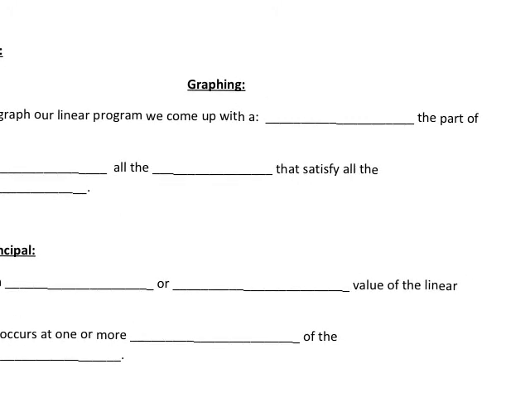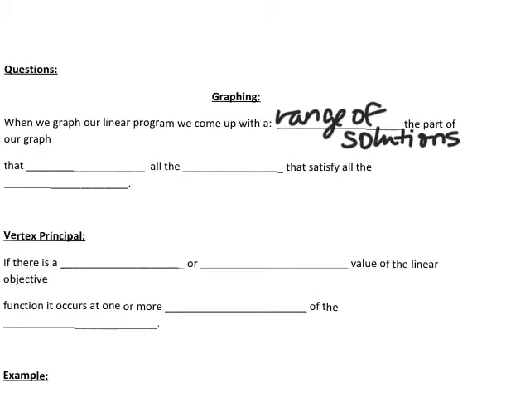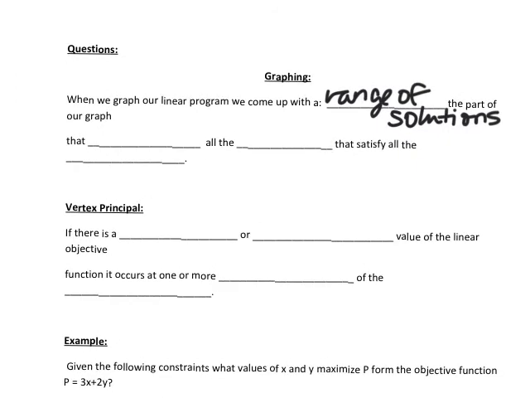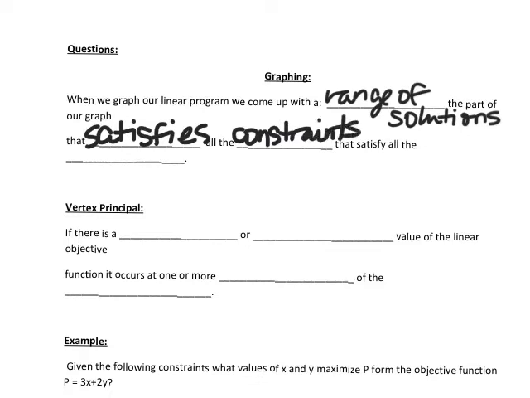So I'm just going to write this in, range of solutions that satisfies all of the constraints, so all of your limitations, that satisfy all the outcomes. So given the limitations that you have, can you still get what you want? Given the number of CDs I have to buy, can I still get the number of minutes that I want?